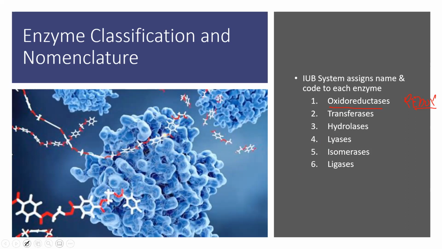It's easy to remember because oxidoreductases are enzymes that facilitate oxidative and reductive reactions. In a biological system, it usually means addition of hydrogen to a double bond.